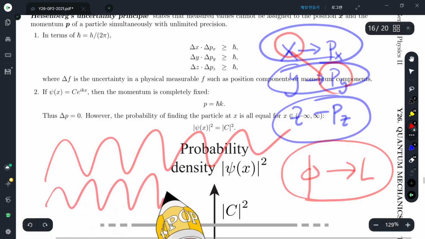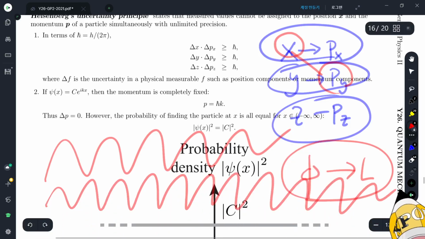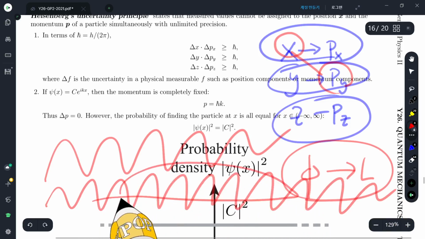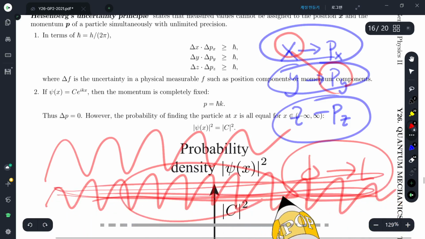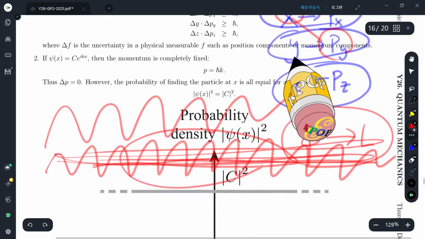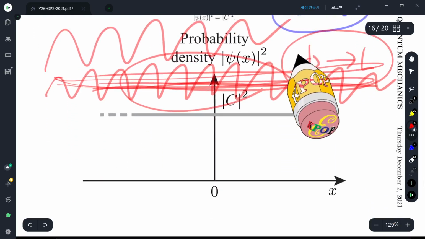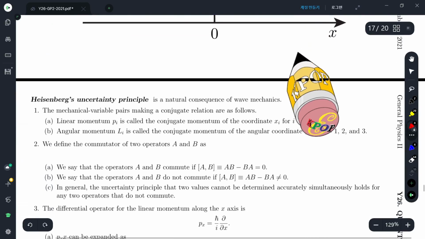If the wave is monochromatic, we can determine the momentum with very high accuracy. However, it is distributed all over space as a flat distribution. Okay, that's it for today.